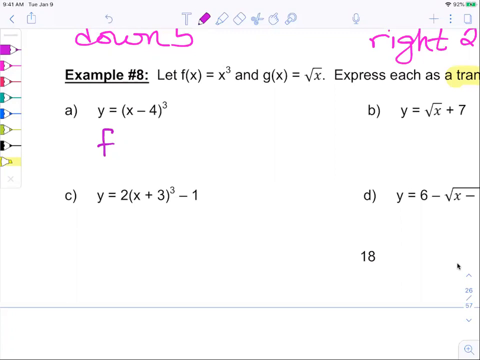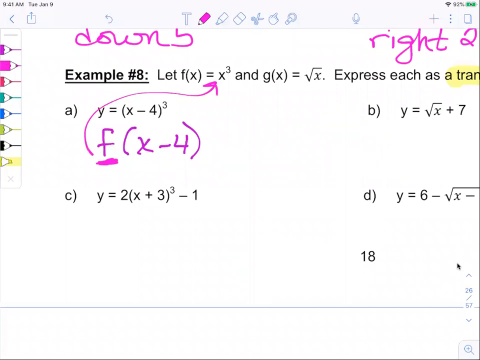So when we go to write this in function notation, I'm using the function f, but I'm still writing it as x minus 4 to show that it's moving right 4 units. The only difference is I'm not saying that's cubed anymore, because if I use the function f, it's implying that my x is cubed.